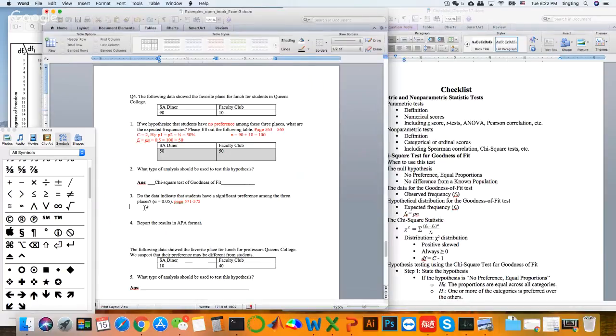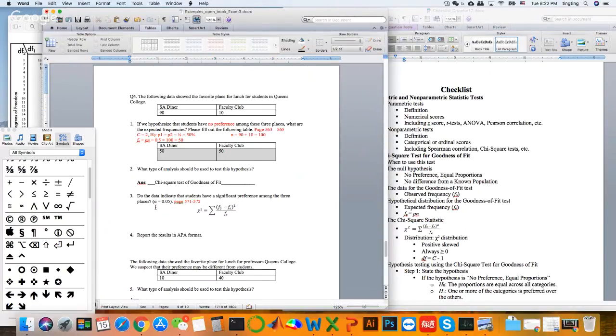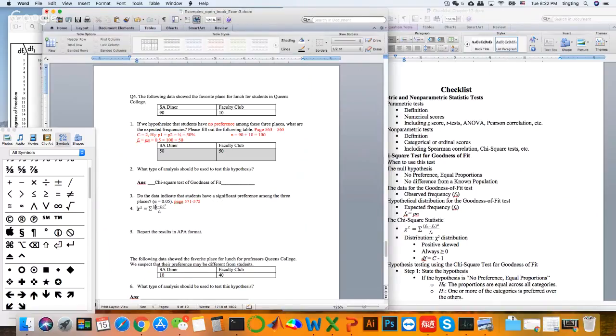So this is the formula we need to compute chi-square.